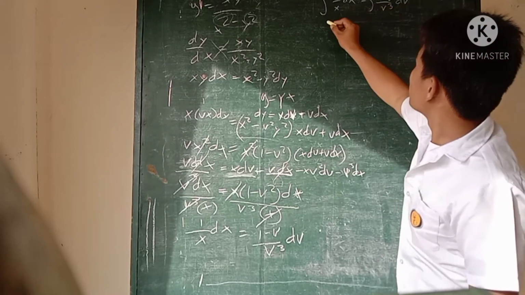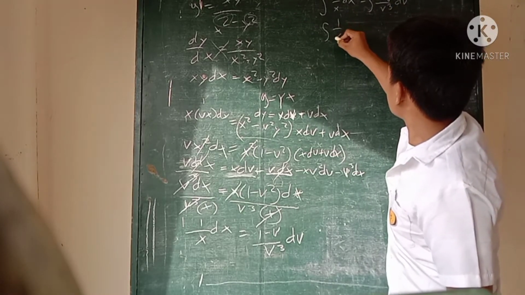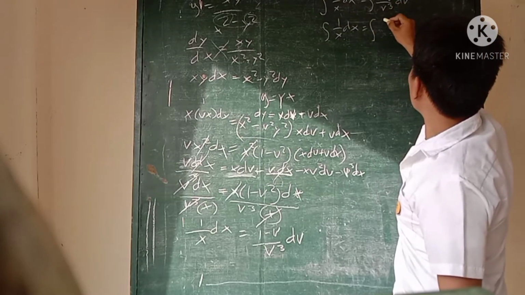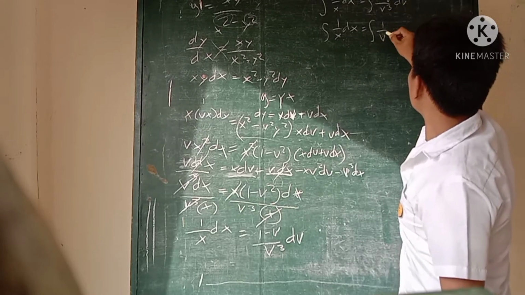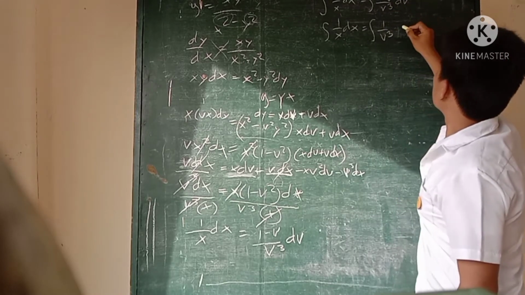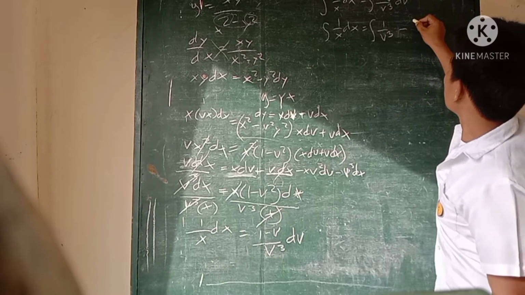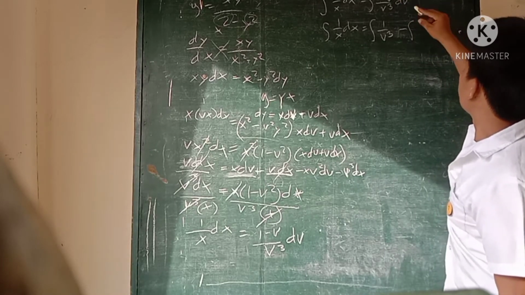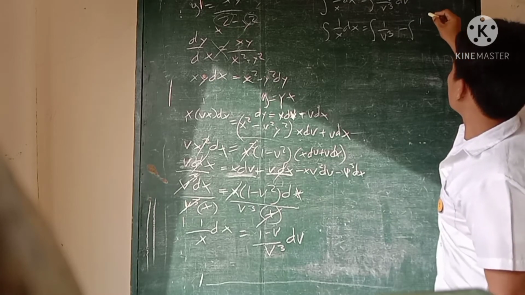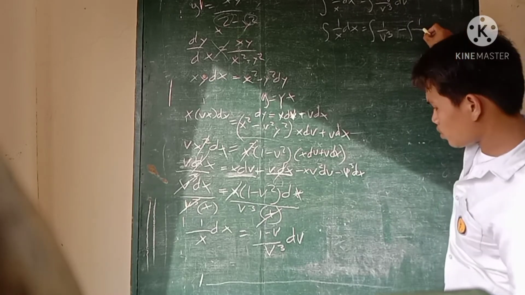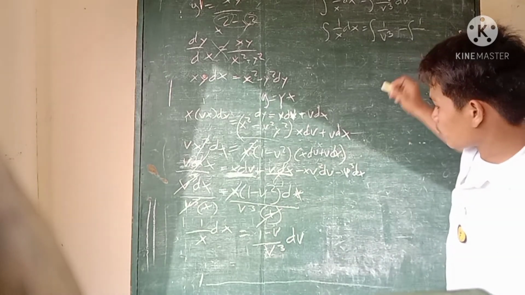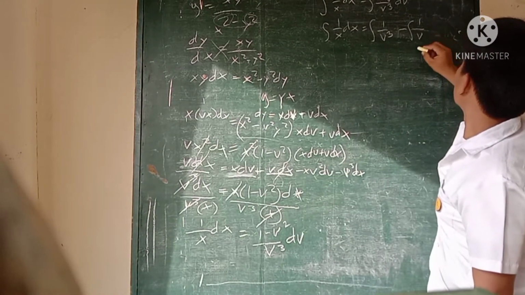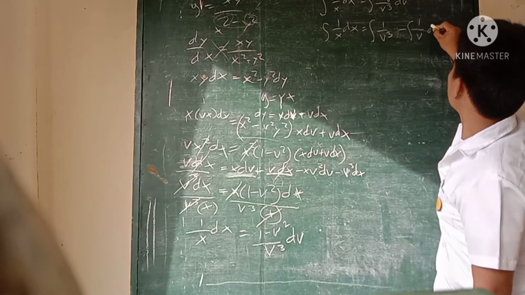So the integral of 1 over x dx equals the integral of 1 over v cubed minus the integral of v over v cubed, which is 1 over v squared, dv.